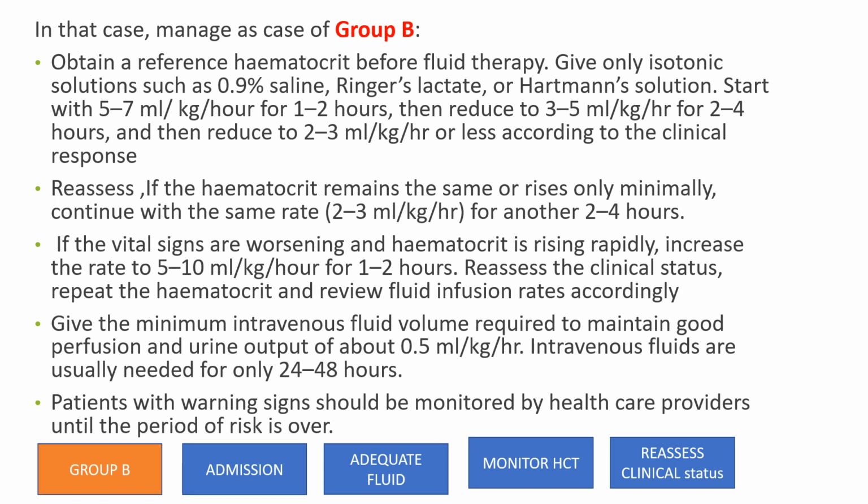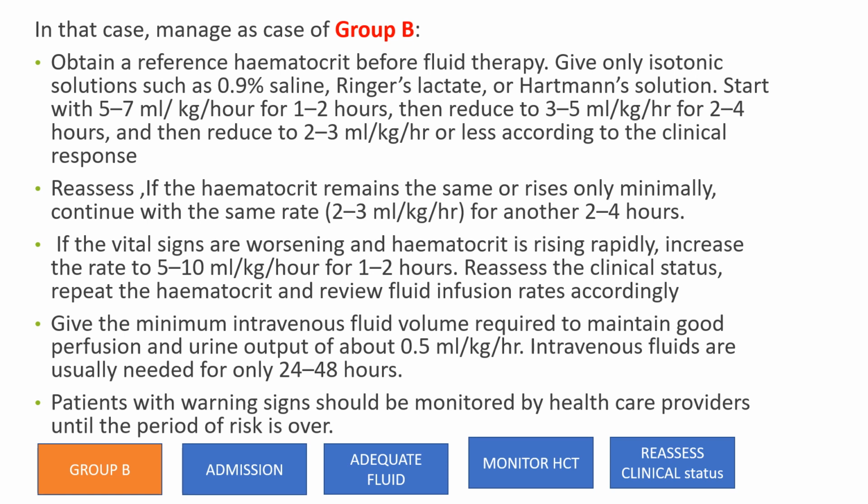Give the minimum intravenous fluid volume required to maintain a good perfusion and urine output of about 0.5 milliliter per kg per hour, and intravenous fluids are usually needed for about 24 to 48 hours. And patients with warning signs should be monitored by healthcare providers until the period of risk is over.